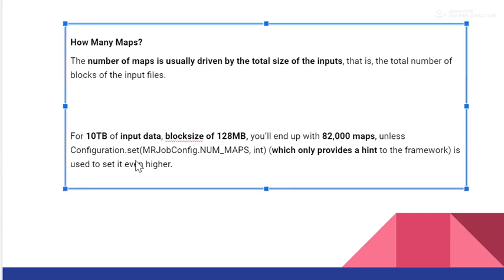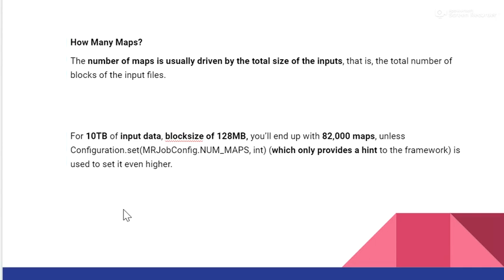And the question is how many maps are going to be created. The number of mapper jobs is going to be based on the number of input files that exist. If you have 10 files, each file of say even 15 MB, the system is actually going to create 10 map jobs. You cannot change it.